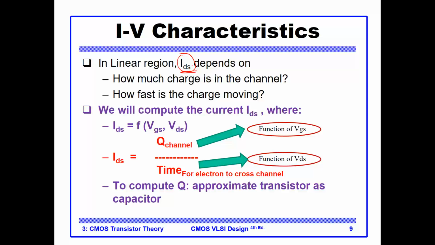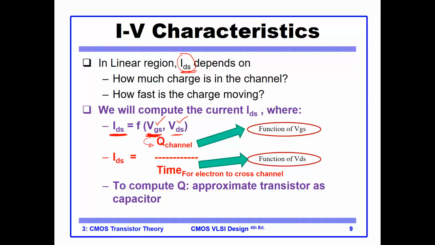Just to review what we have done before, we have found out that the current through the transistor is a function of the VGS, the voltage on the gate, and VDS, the voltage between the drain and the source. Typically the voltage on the gate forms the channel, right?